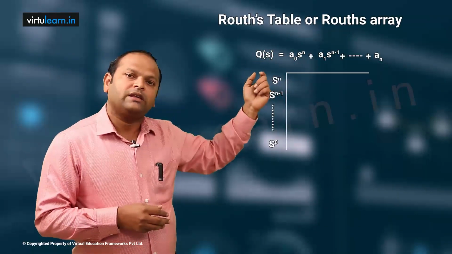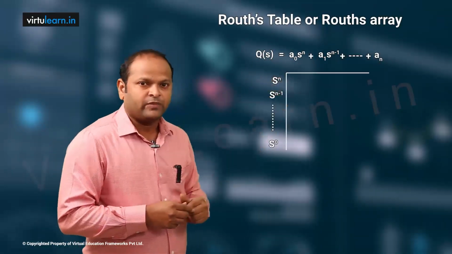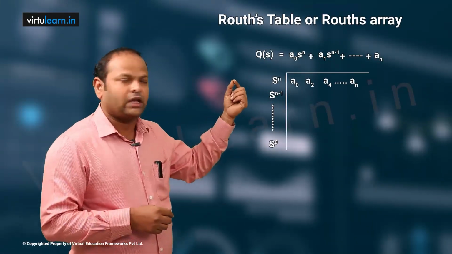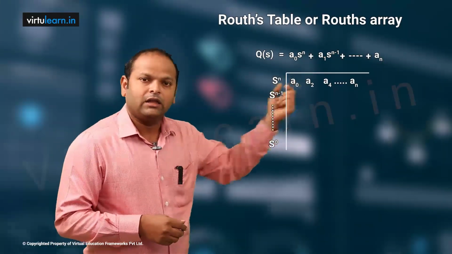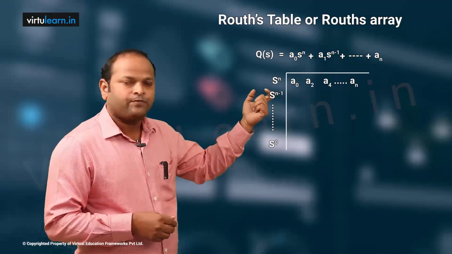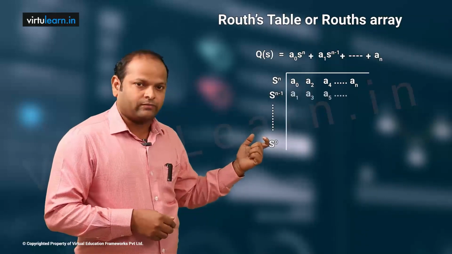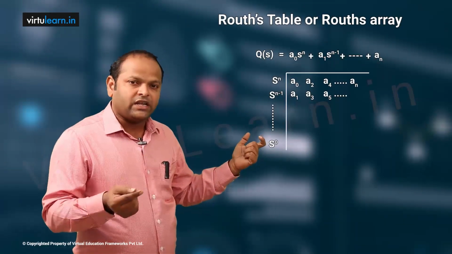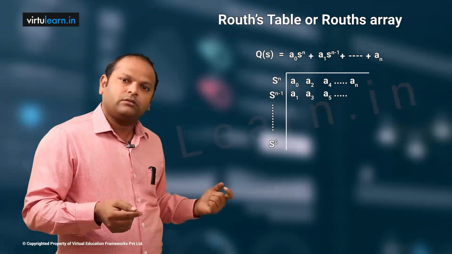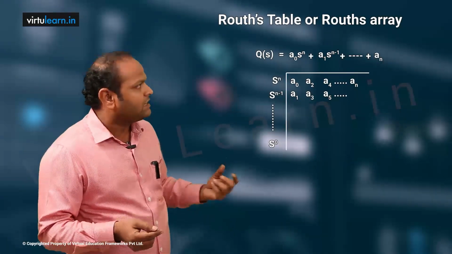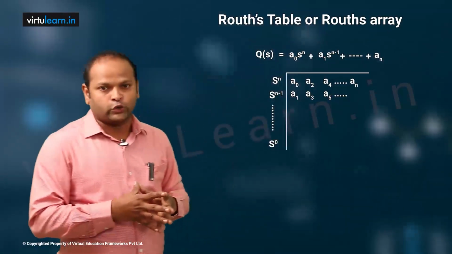So a naught is the coefficient of s power n. I will take a naught and fill it as the first element in this Routh array. The first element is a naught. For the second row I take the next element a1, and the next element a2 I am not taking for the next row. Instead I write it as the second element of the first row.